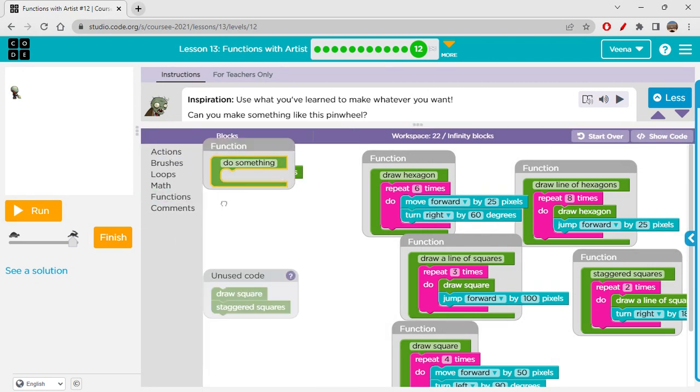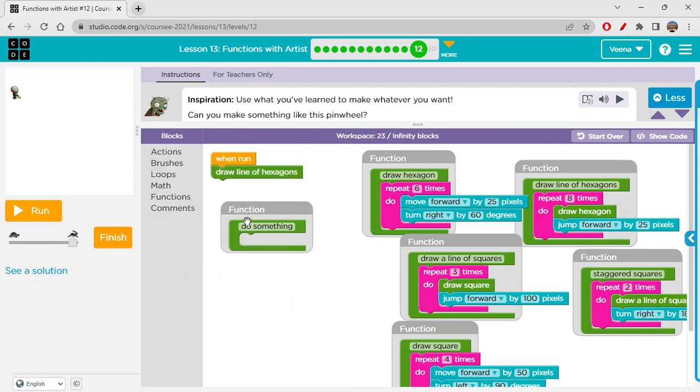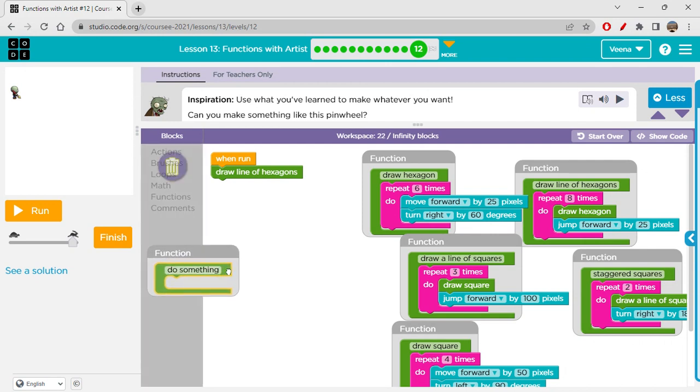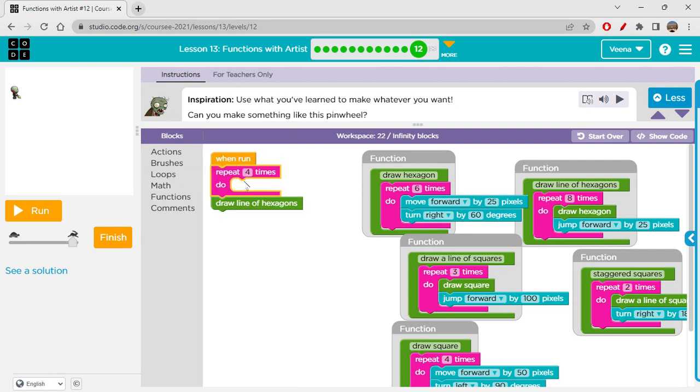I'm just creating another function basically. What I will do is I'll just write rotate. No, we need not do this. I have loops. Loop six times. Draw line of hexagons first. Okay. Turn right by 60 degrees.